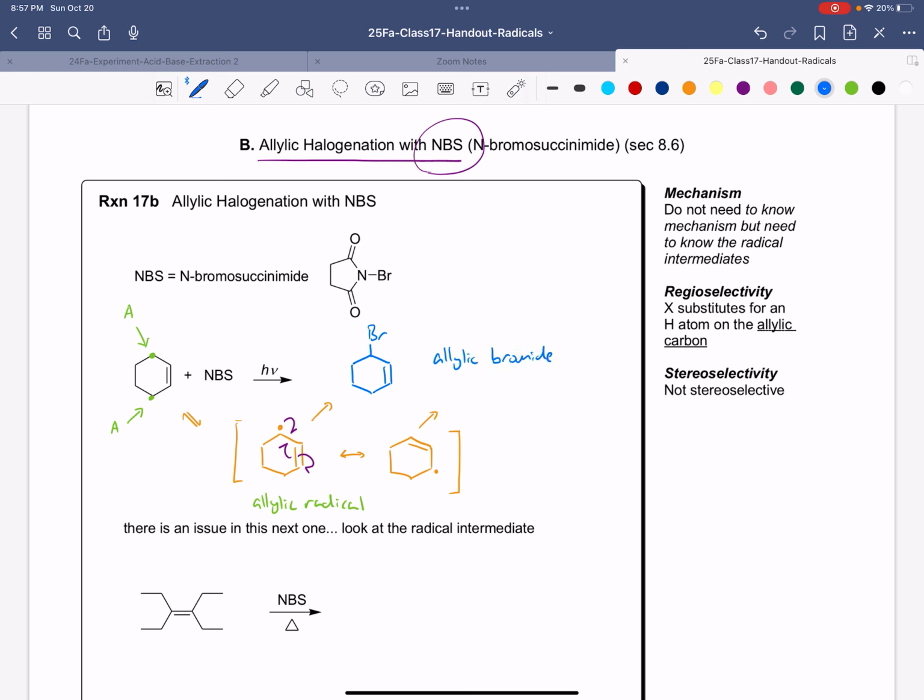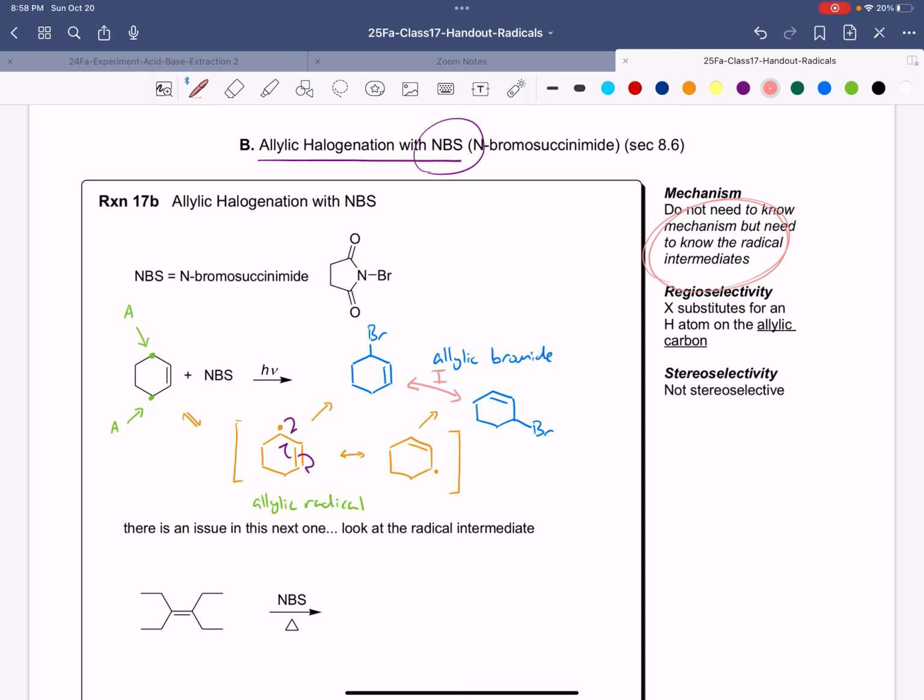And if you're not convinced, if I use the second radical, look what I get. I get that. You don't need to know the mechanism, but you should know the radical intermediates. I have that written over here on the right. And since I drew both of these, I need to say that they are identical.